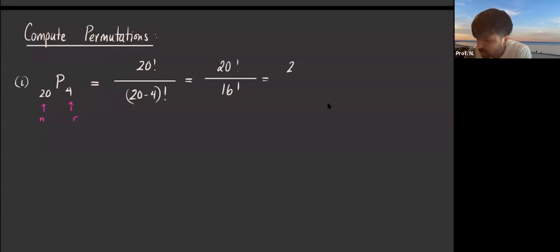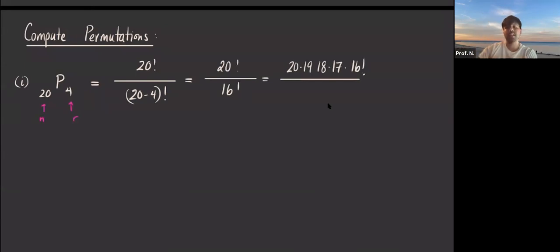We know that 20 factorial is 20 times 19 times 18 times 17 times 16 times 15, dot dot dot. But because I don't want to overdo it, I say this is 16 factorial. We understand what factorial is now, 16 times all the way down to 1. And I'll have the 16 factorial below. And so the 16 factorial cancels, and I'm left with 20 times 19 times 18 times 17.